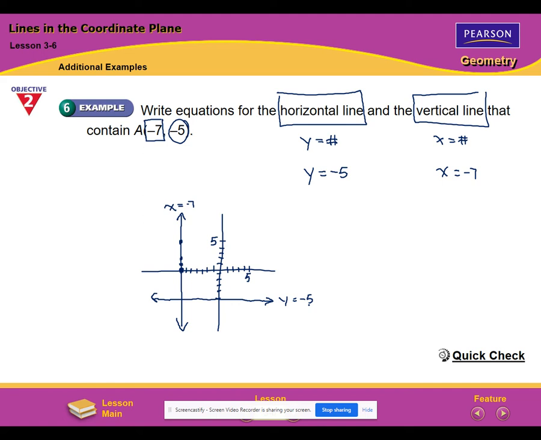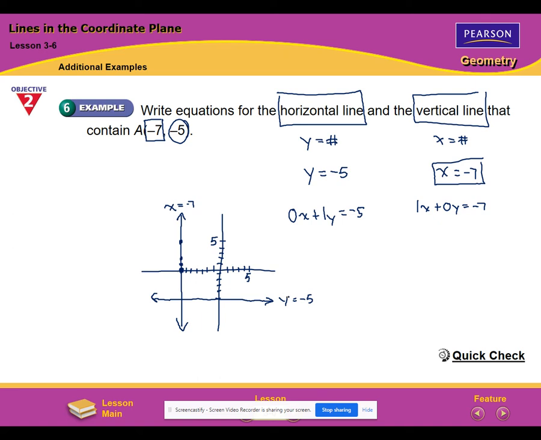Well, I believe these are in this section because x equals -7 is really like saying 1x plus 0y equals -7. And y equals -5 is like saying 0x plus 1y equals -5. These are both in standard form. This can't even be written in the other two forms, but both of these are in standard form.